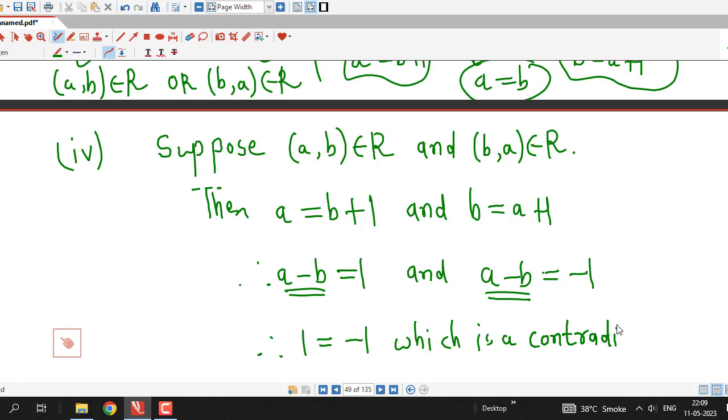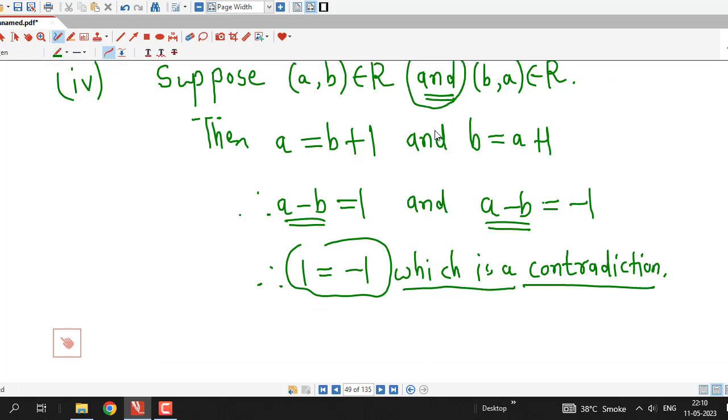What is our assumption? Our assumption is that (A, B) belongs to R and (B, A) belongs to R. But if we assume this, then we obtain 1 equal to minus 1, which is not possible. That is, we are getting a contradiction, and we are getting this contradiction because our assumption is wrong.